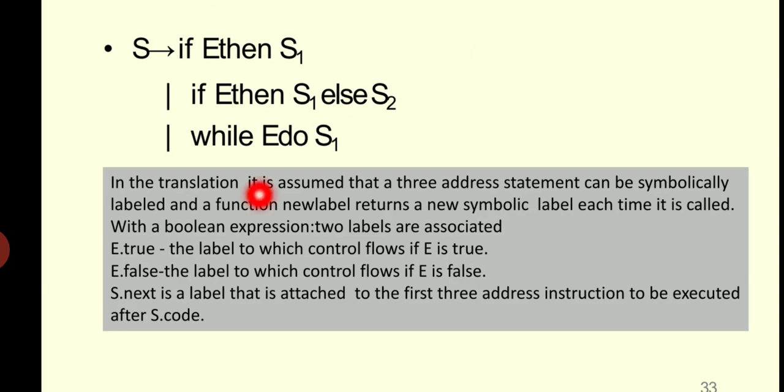With the Boolean expression, two labels are associated: E dot true and E dot false. E dot true is the label to which control flows if E is true. The label to which control flows if E is false is E dot false. Similarly, S dot next is a label attached to the first three-address instruction to be executed after S dot code. So after the code corresponding to S, there will be a next statement, and that statement's code will be stored in S dot next.